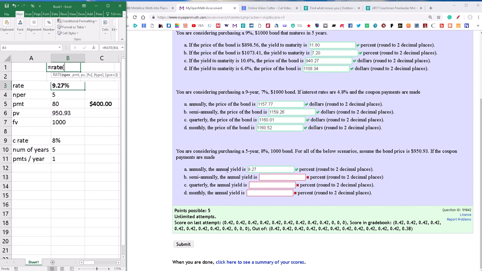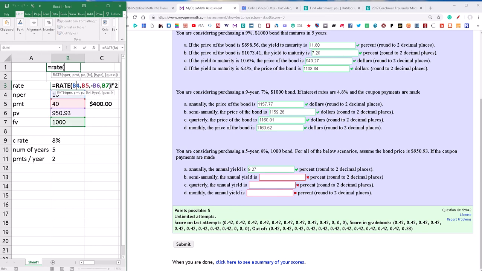So what happens, I'll show you that in a second. So let's do 2 payments per year, right? Notice that this was about halved. So this is the 6-month interest rate, right? We need to multiply that by 2 to get an annual interest rate, 9.25. And it's close to 9.27, right?